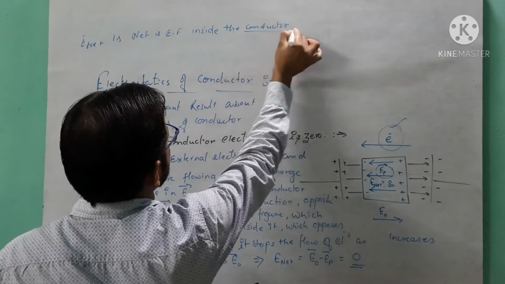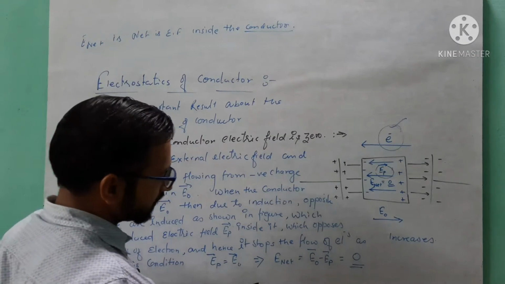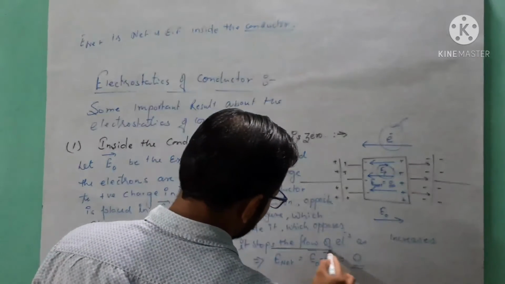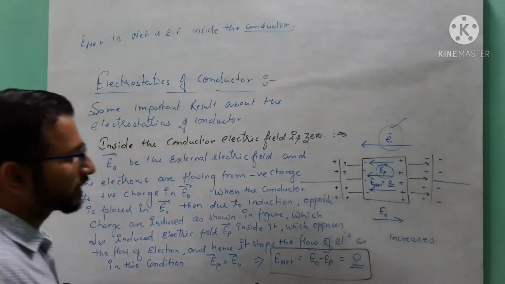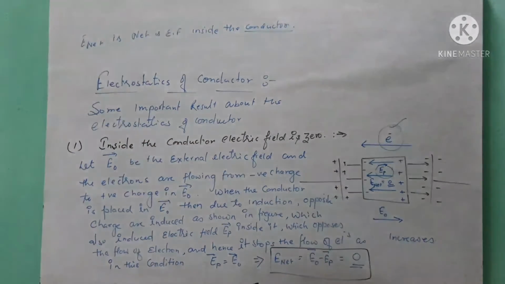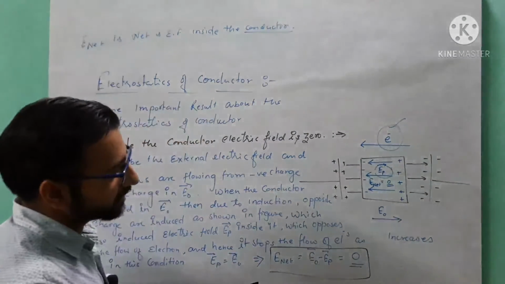Got it? The first condition is that inside the conductor our net electric field is 0. Why is it? I have already explained why. So this is our first result. Now the second one will come after the first.